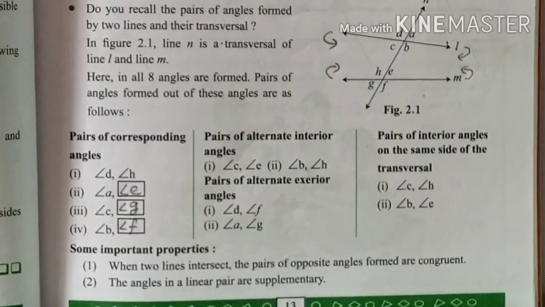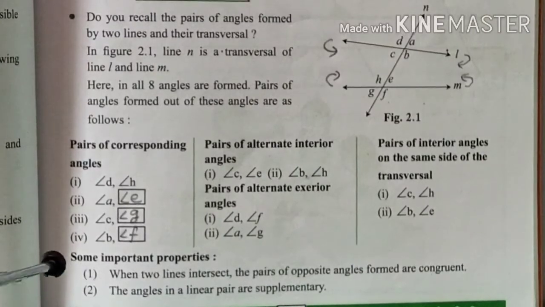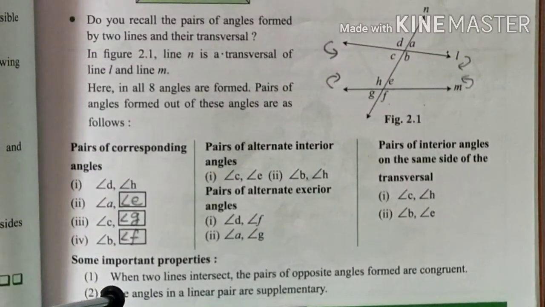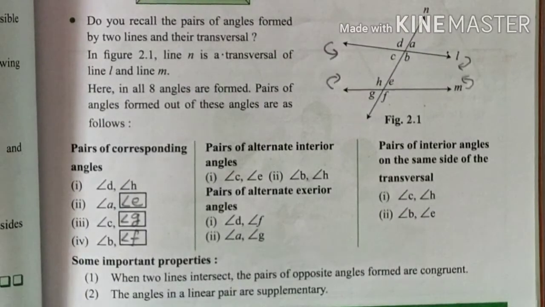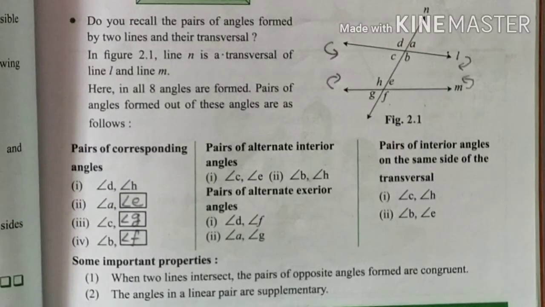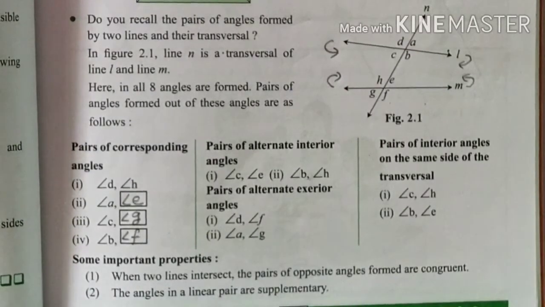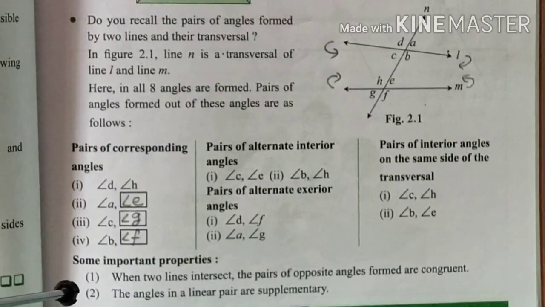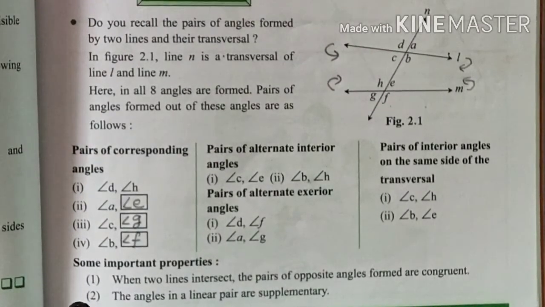Next we have some important properties, so let us discuss these properties. The first one is what? When two lines intersect, the pairs of opposite angles formed are congruent. Yes, we already studied this property in a theorem also. The second is what?